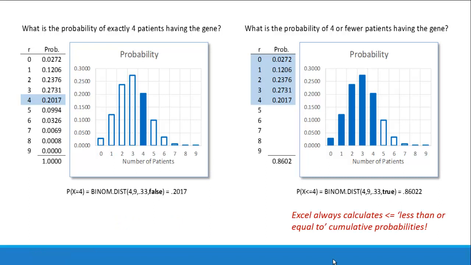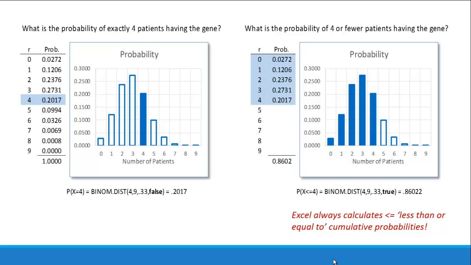Excel always calculates the probability of being less than or equal to any value specified. So when we enter in the binom.dist formula a value of r equal to 4 and we have the cumulative function equal to true, then Excel is calculating the probability of x being less than or equal to 4.